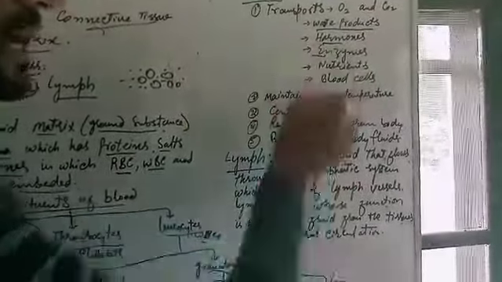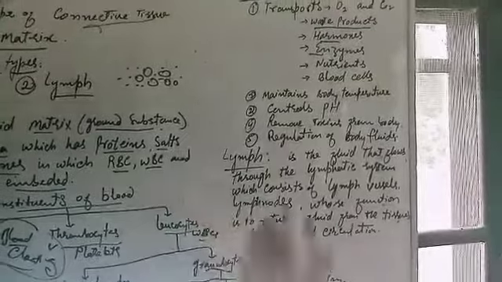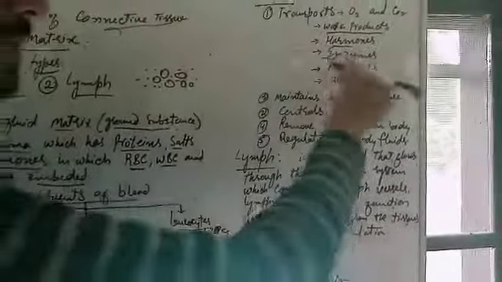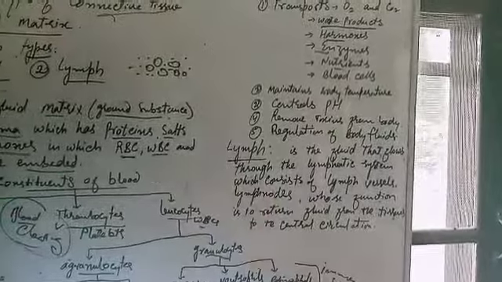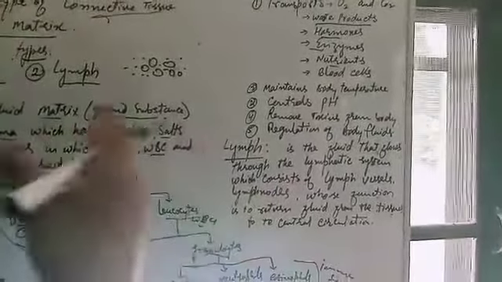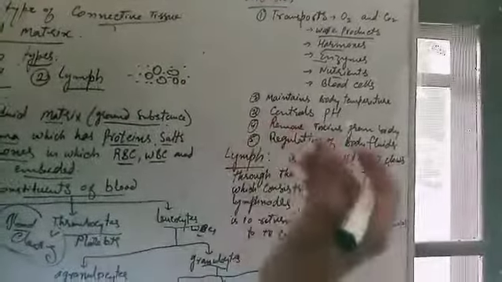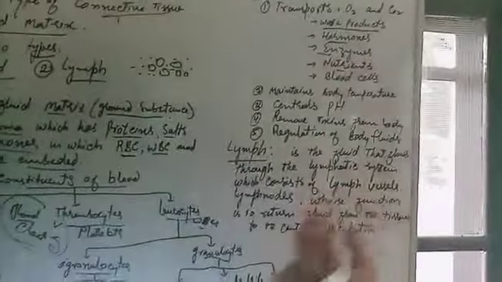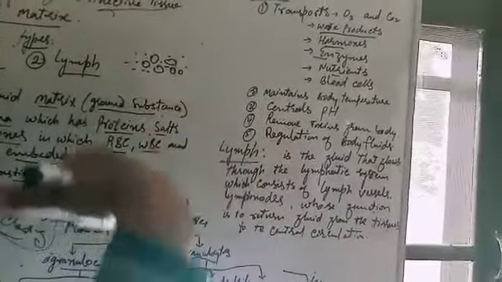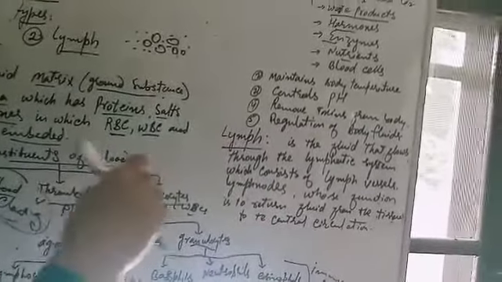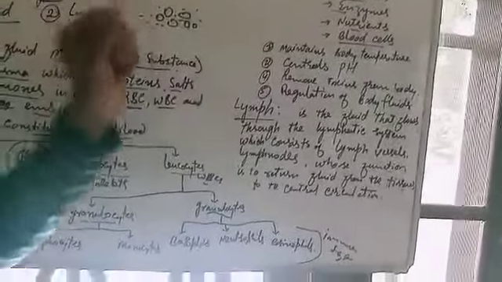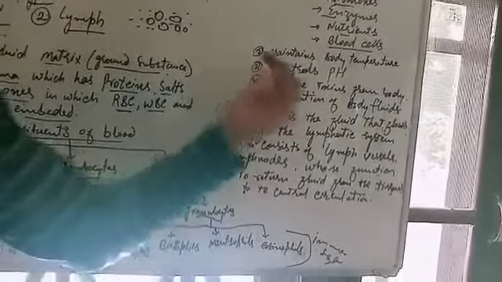Enzymes are also transported with the help of blood. Nutrients: we take food, and these nutrients are circulated throughout our body. To each and every cell the nutrients must reach, and they reach with the help of the blood. The blood cells, that means leukocytes, thrombocytes, and erythrocytes, are also transported with the help of the blood.